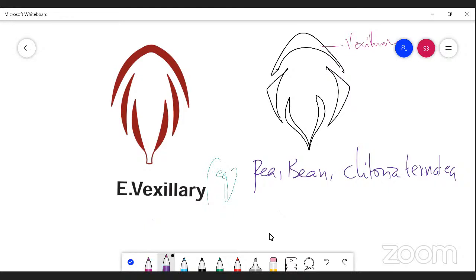The second category, these two petals are arranged next to their edges, one end interior and the other end exterior. They are called the alae or wing petals. The third category is the carina. These carina petals are fused at the base.